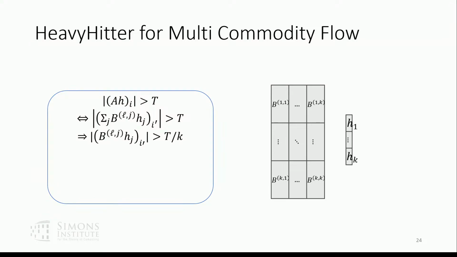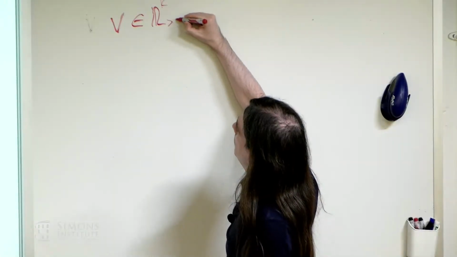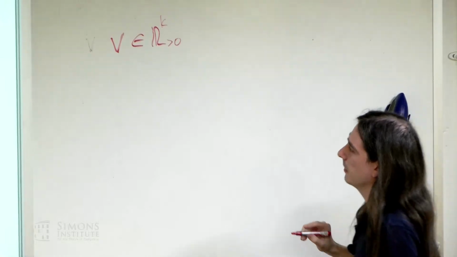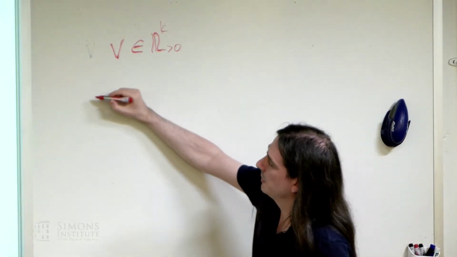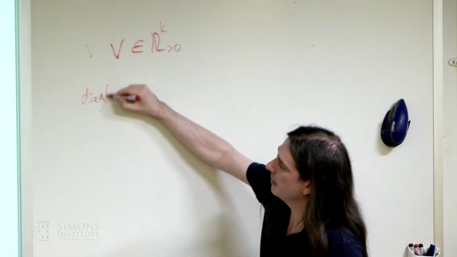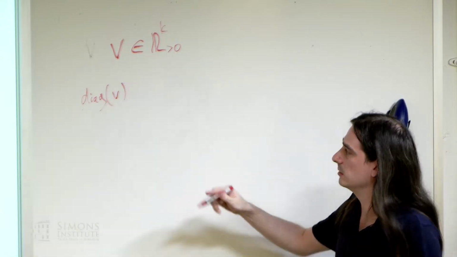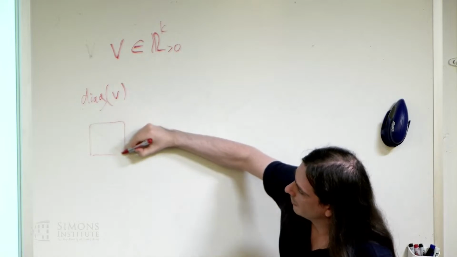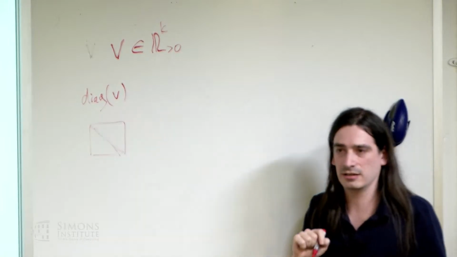Okay. The structure is roughly as follows. Let's say I have some small k-dimensional vector V. I believe it needs to be positive entry-wise. Now I look at the matrix that is the diagonal matrix with V on the diagonal, so I plug V onto this diagonal.